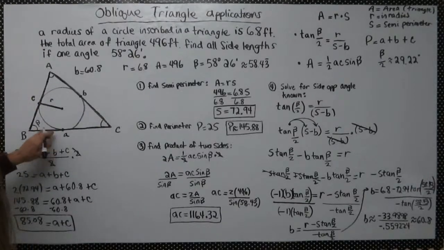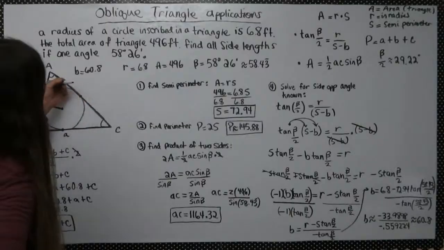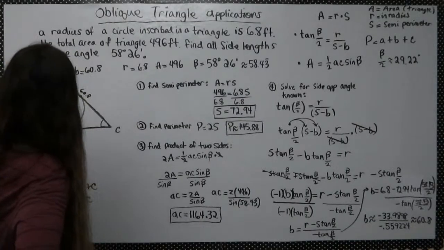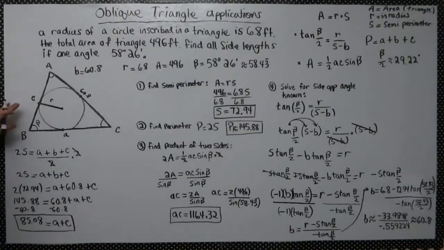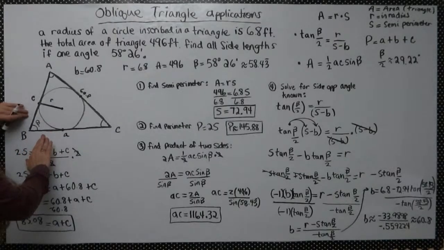And we know this side is 60.8. We solved for that. But we know the sum of these two sides, and we know the product of the two sides.